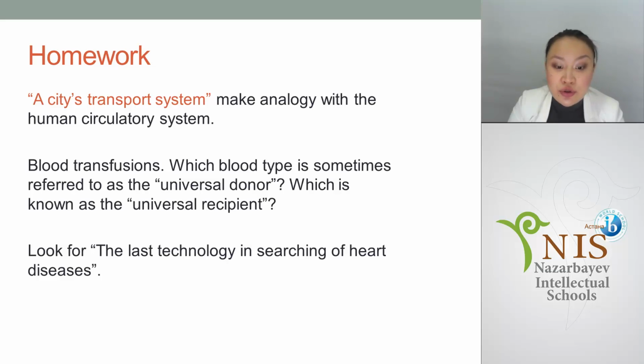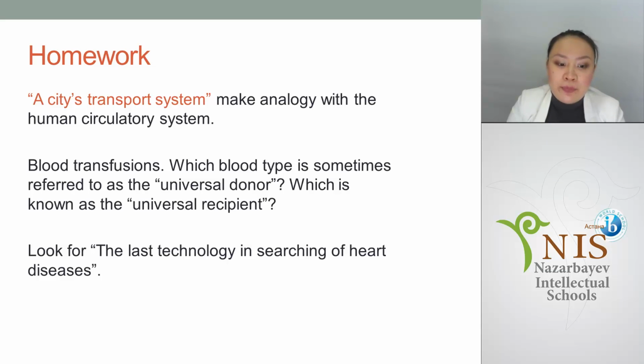And also blood transfusions: which blood type is sometimes referred to as the universal donor, and which is known as the universal recipient. This topic also, if you are familiar with genetics already, you have some information.